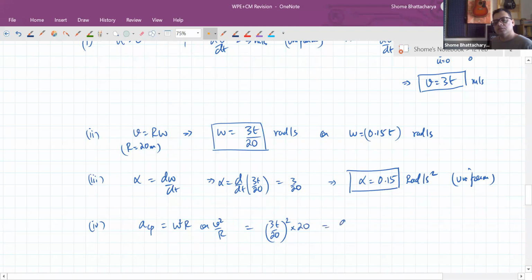So that you can see will become 9t square by 20 in meters per second square. So centripetal acceleration is 9t square by 20, or we can say 0.45 t square in meters per second square.